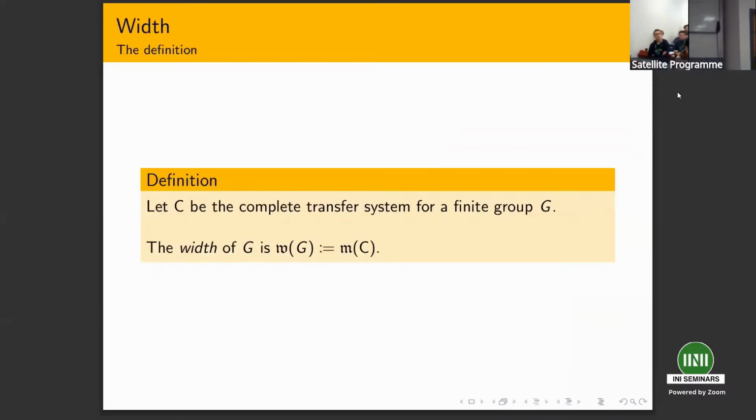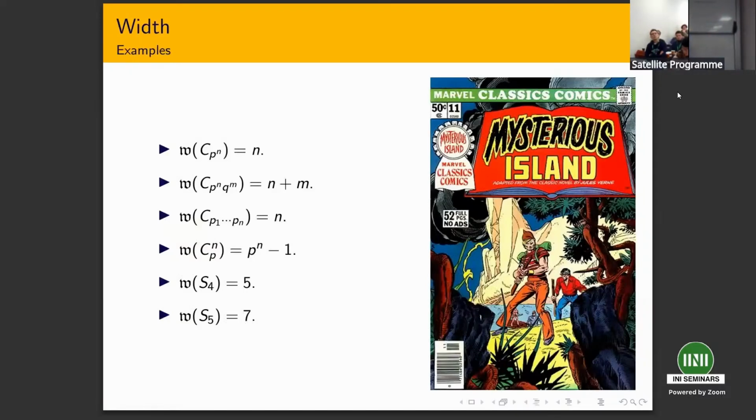So my first group invariant that I'm going to introduce is this concept of width. So C is going to be my notation for the complete transfer system for a finite group G. And I say, how many elements are in the minimal basis for the complete transfer system? So we've seen for C12 that this number was 3. And here are some other numbers.